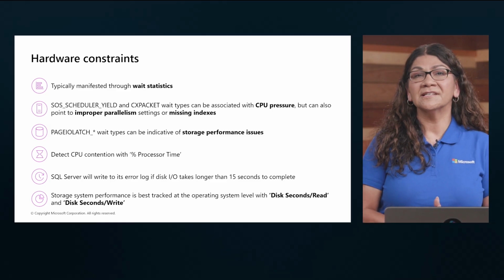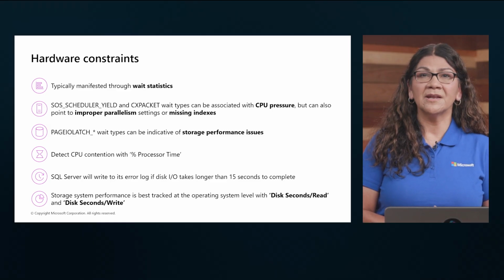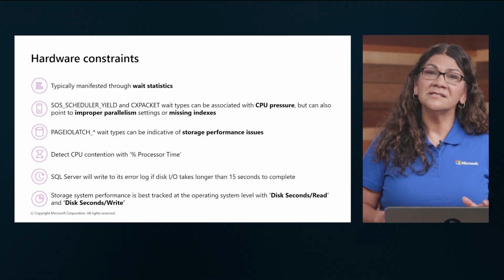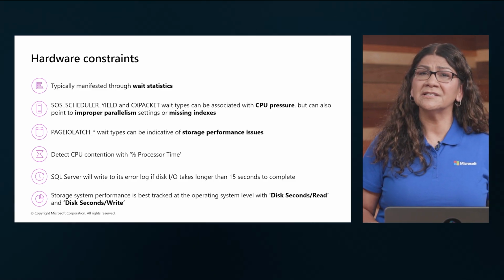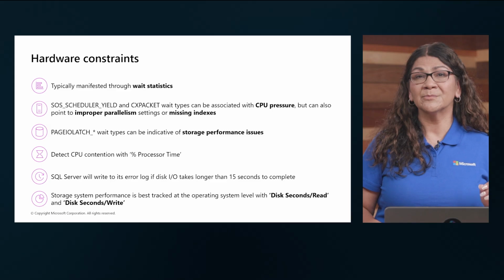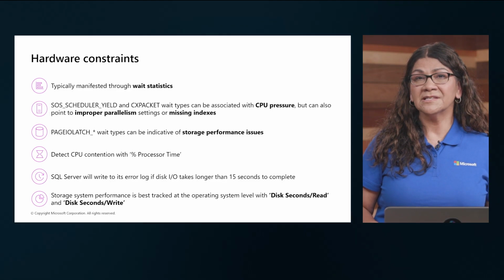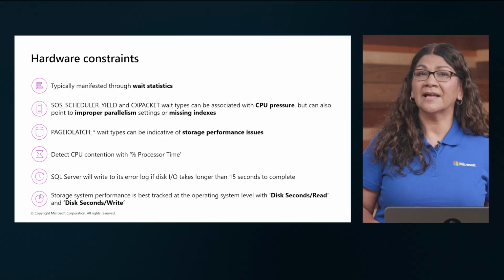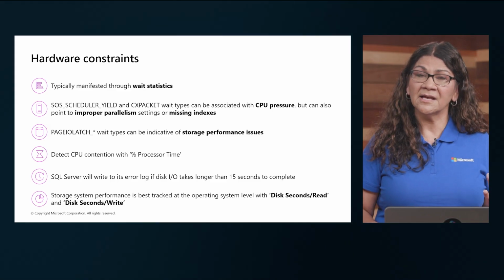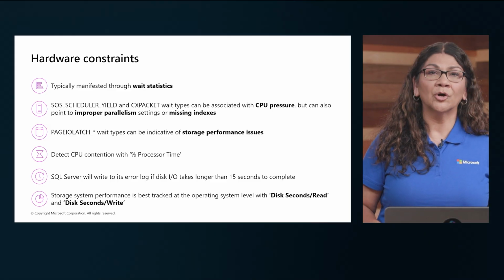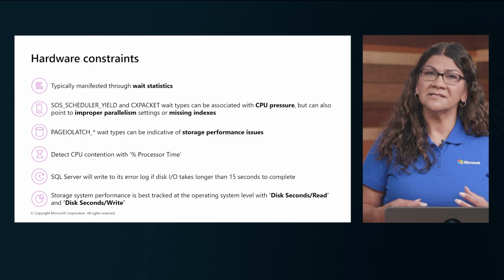load. While single query executions may not reveal these issues, they become evident when multiple queries compete for limited CPU threads and memory. CPU contention is typically detected via the performance monitor counter % Processor Time. And within SQL Server, wait types like SOS_SCHEDULER_YIELD and CXPACKET signal CPU pressure or parallelism inefficiencies.